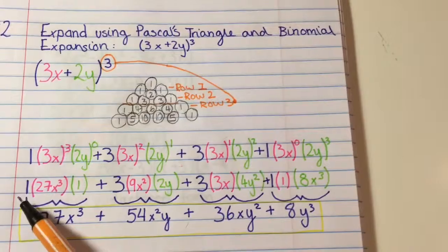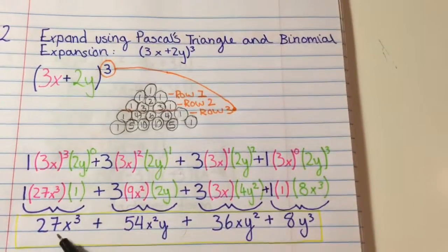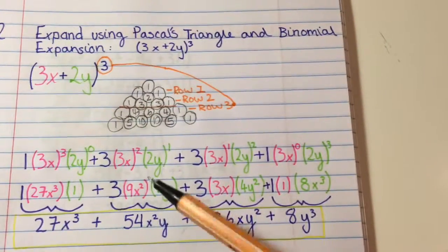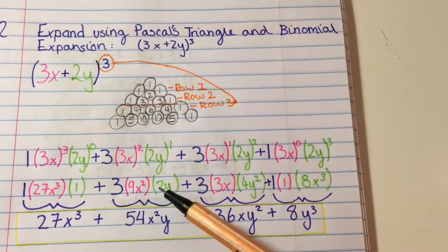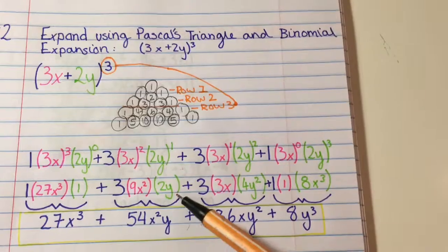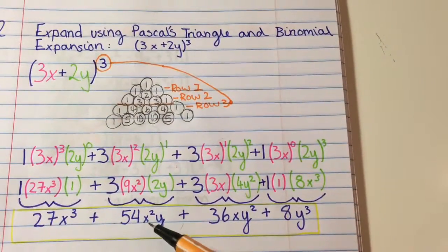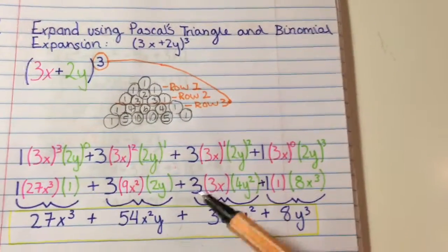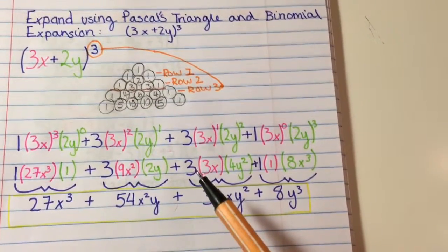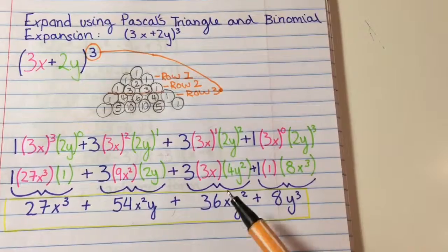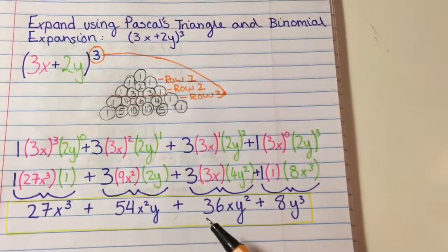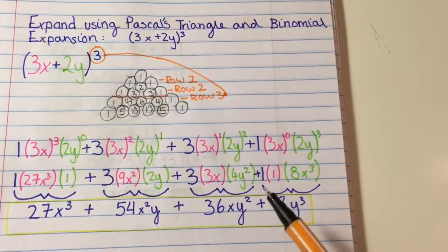So 1 times that is 27x cubed. And then 3 times 9x squared times 2y is 54x squared y. And then 3 times 3x times 4y squared is 36xy squared.